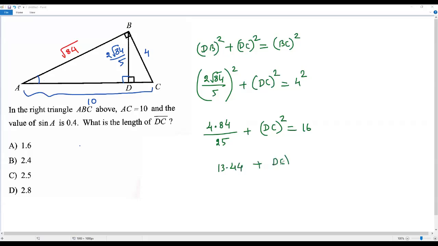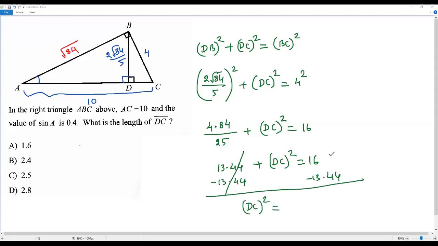So 13.44 plus DC the whole square equals 16. Now to solve for DC, let me get rid of this value. For that we have to subtract 13.44 from both sides. When I do so, the positive and negative values will cancel out. I am getting DC square equals, when I simplify this one, 2.56. Since our aim is to get the length of DC, we have to get rid of this square.